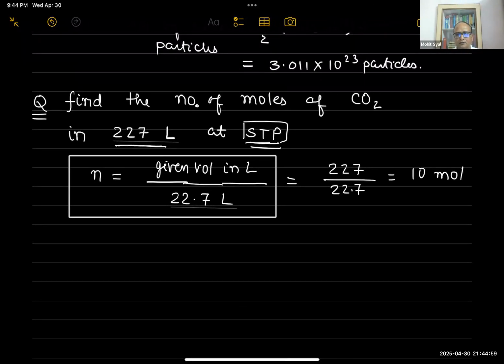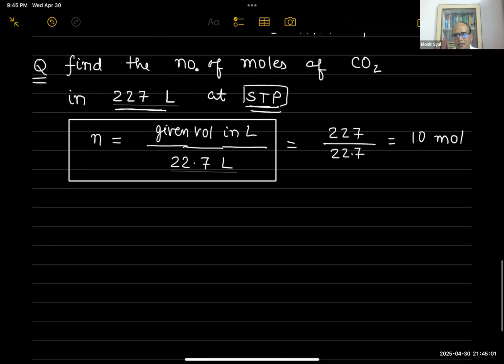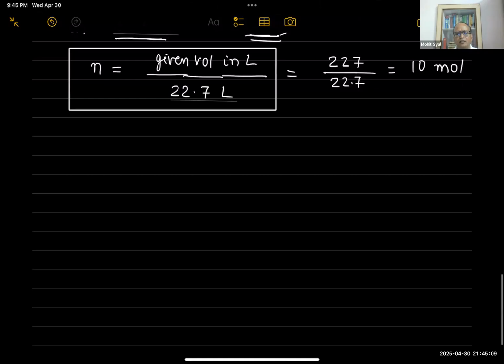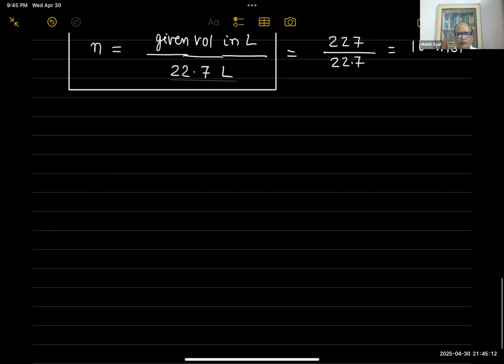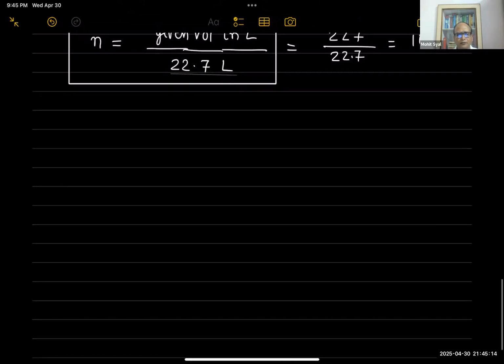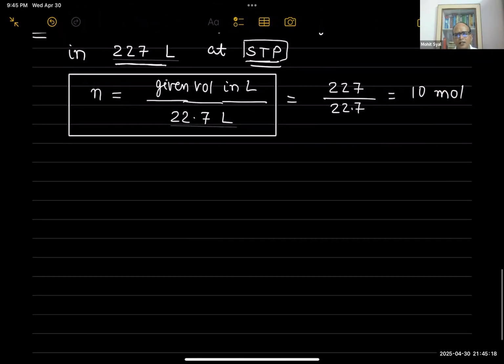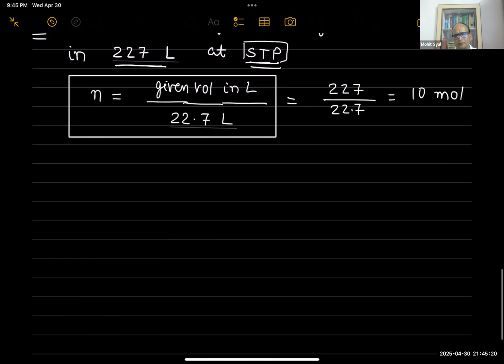Next, a similar law is there, for the reaction of gases. You can apply it for gases. It is known as Gay-Lussac's law of combining volumes.